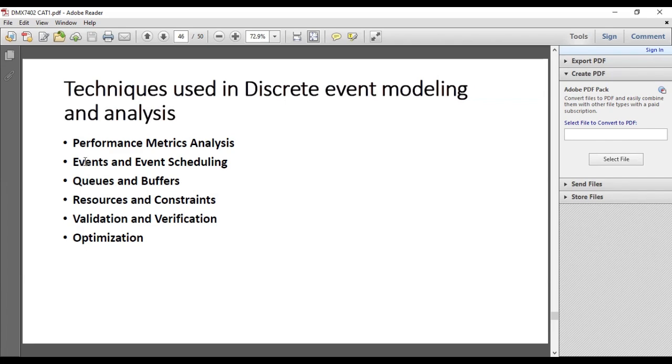We will consider queues and buffers, where the product will be stored, and we will use other techniques called resources and constraints, validation and verification, optimization. Just remember these names of the techniques. You don't have to explain. Just write it down.